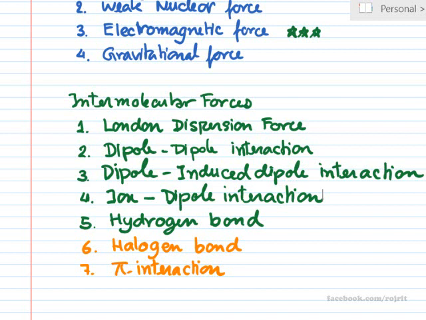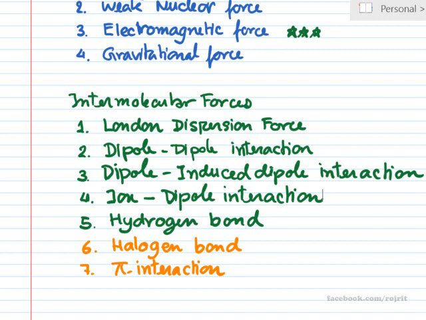And these five intermolecular forces, you may have heard about in your high school or your Gen Chem. But now, we also have something else as well, but relatively weaker than the previous five forces, right? The halogen bond.